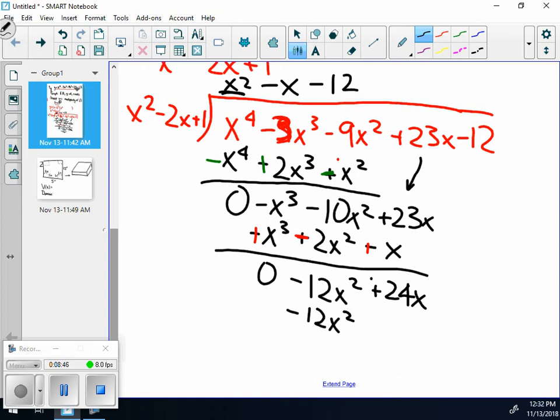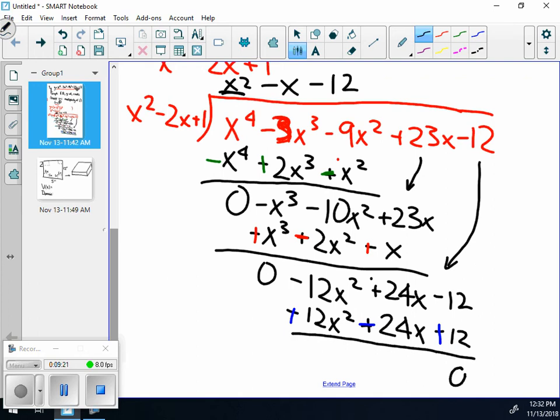Can you tell me what negative 2x times our negative 12x would give us? Plus 24x. All right. And then we forgot to drag this term down here. So we'll have a negative 12 at the end. So we have 3 terms to go with our 3 terms. And then we'll have 1 times negative 12, which is just negative 12.